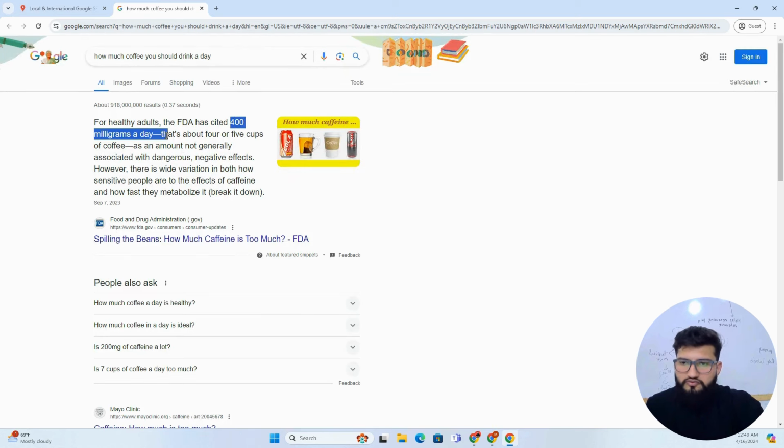It tells me 400 milligrams a day. So this is a direct answer. But a direct answer doesn't mean it's relevant as well. For example, an answer that says coffee has xyz benefits, or that coffee is grown by these plants in these countries, these are direct answers, but they are not relevant. So having a direct answer is good, but relevance is the main challenge for Google.